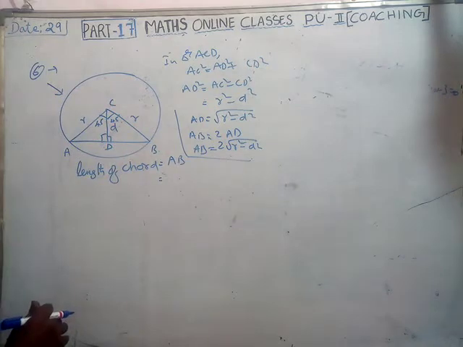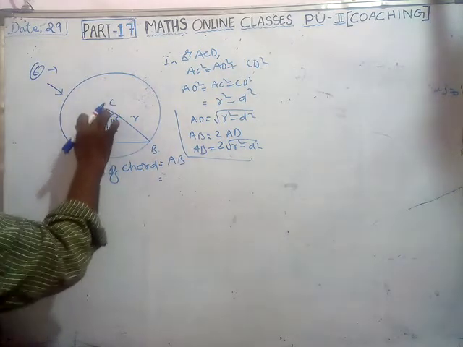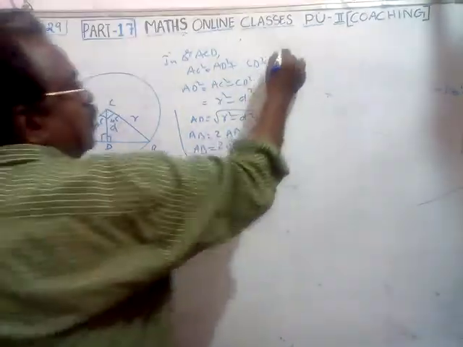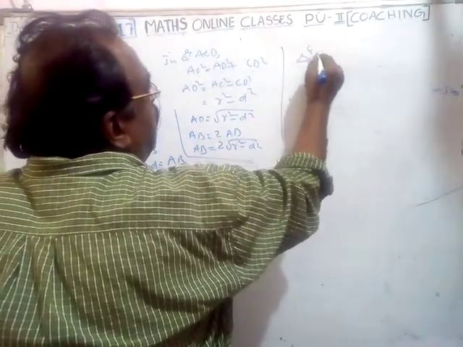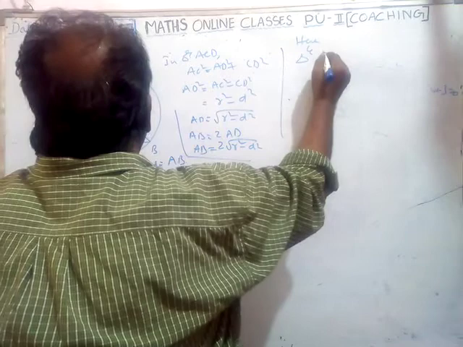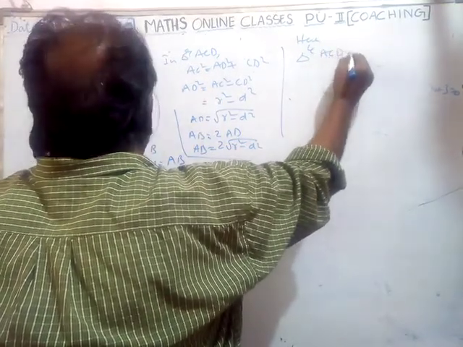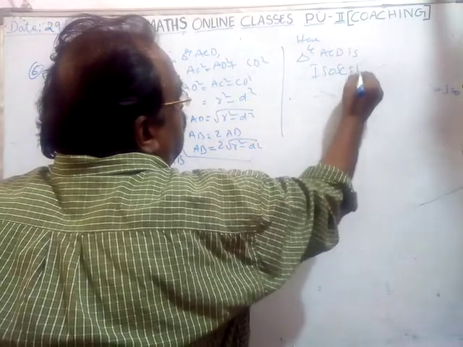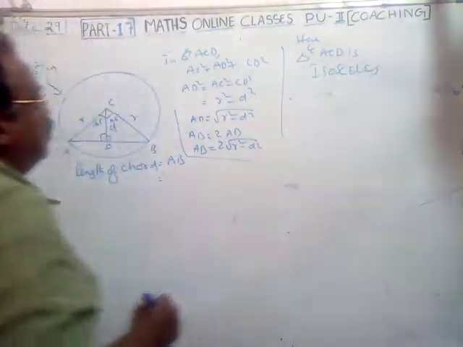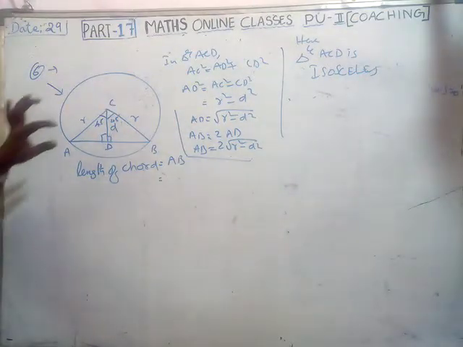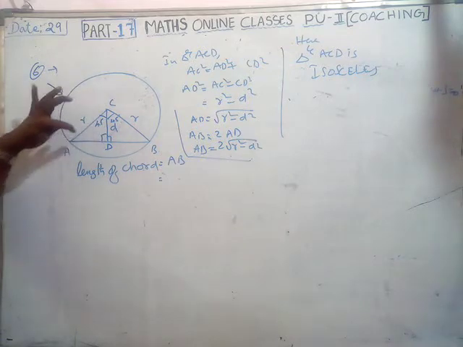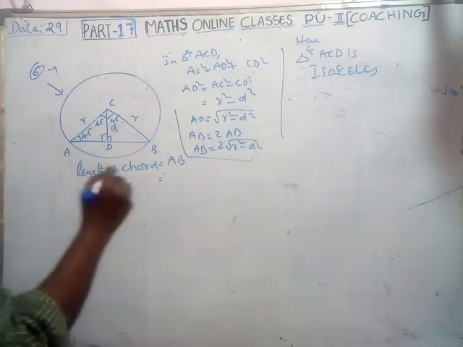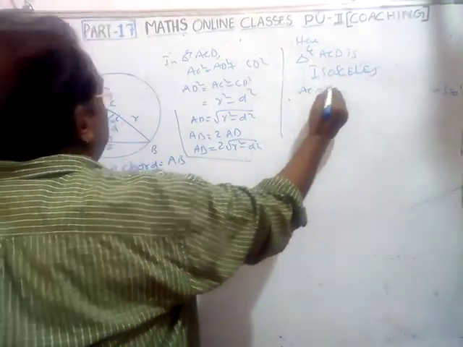Okay, leave it out. In this triangle only, triangle ACD is isosceles. Why? Because it is 45 and the other is 90 divided, so it is also 45. That means AC is equal to CD.